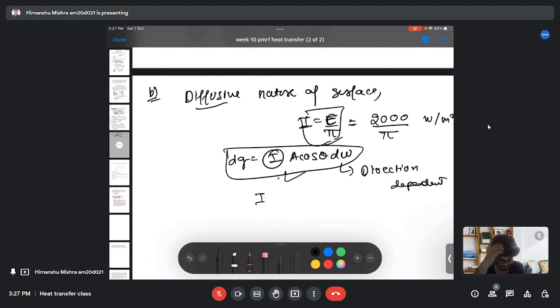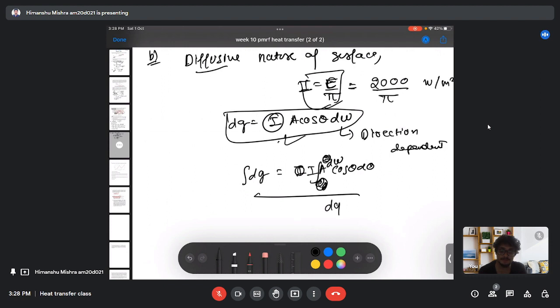So if you integrate this expression from 0 to some theta, you will get dq, which is diffusive in nature.